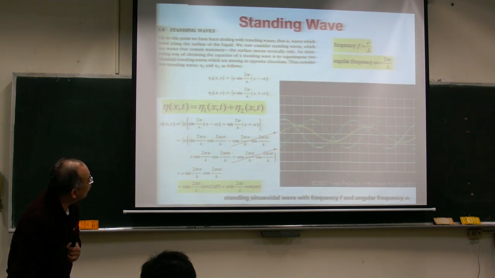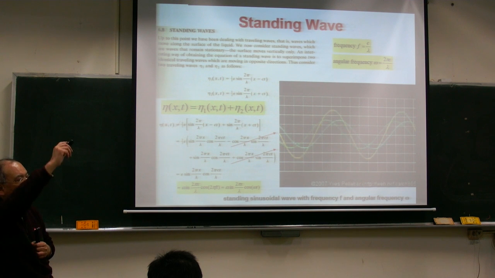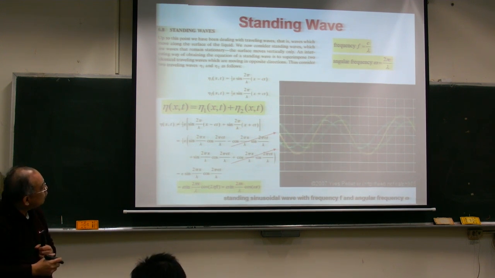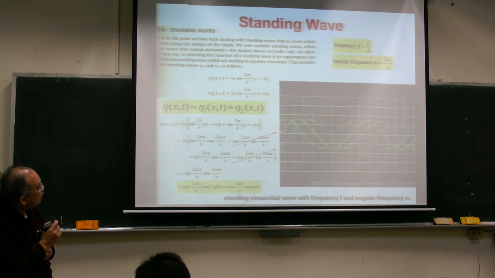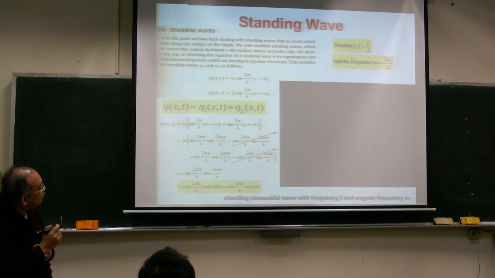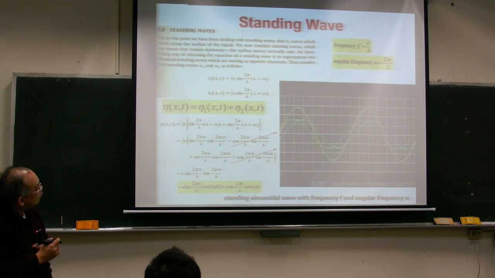So we start talking about the standing wave. As I mentioned before, a standing wave can be made by superimposing two traveling waves, right? One travels to the right and one travels to the left. By superimposing these two, you can get a standing wave. The feature of standing waves is very interesting.